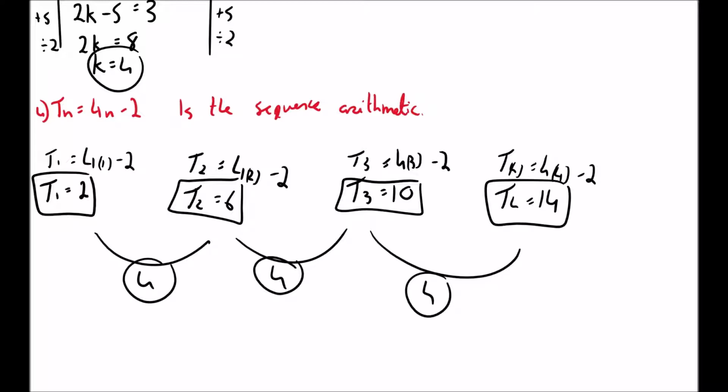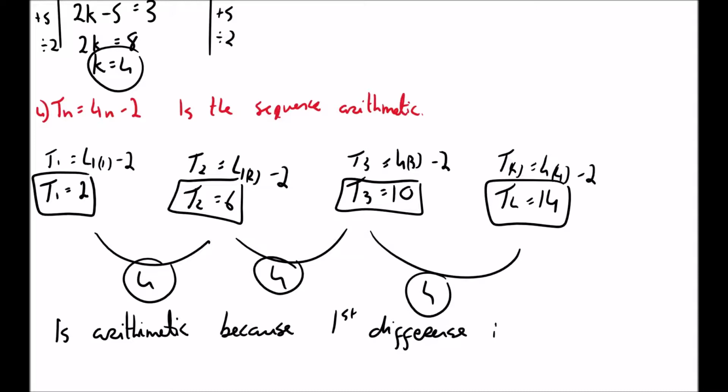So firstly, the differences are the same, so we can say it is arithmetic because the first difference is the same. Or we can say common first difference.